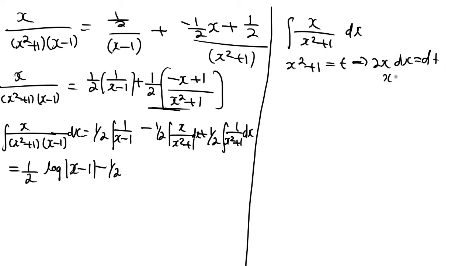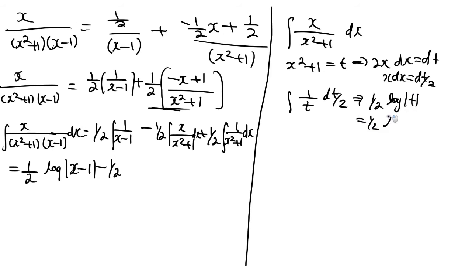So x dx equals dt by 2. Substituting here, we get 1 by t into dt divided by 2. The integration of 1 by t is 1 by 2 into log of mod t. The t value is x square plus 1. Substitute here.